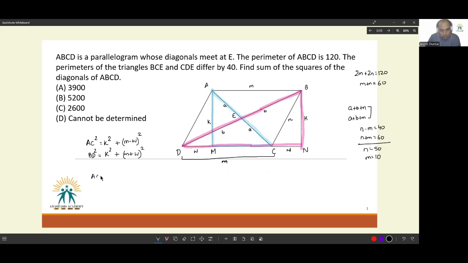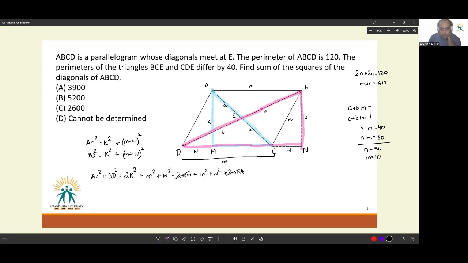So AC square plus BD square is equal to K square plus M square plus W square minus 2MW, plus K square plus M square plus W square plus 2MW.